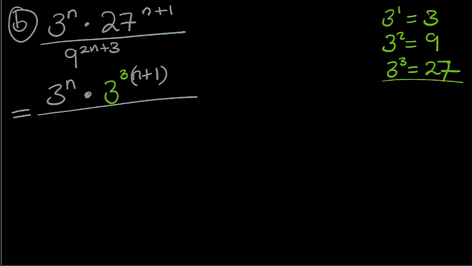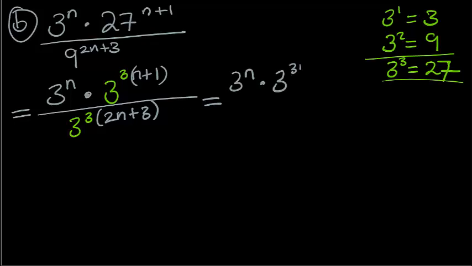Divided by 9 is going to become 3 to the power of 2, and I am keeping 2n plus 3 in brackets. So when I simplify that, it becomes 3 to the power of n times 3 to the power of 3n plus 3, over 3 to the power of 2 times 2n plus 3, which is 6n plus 9.